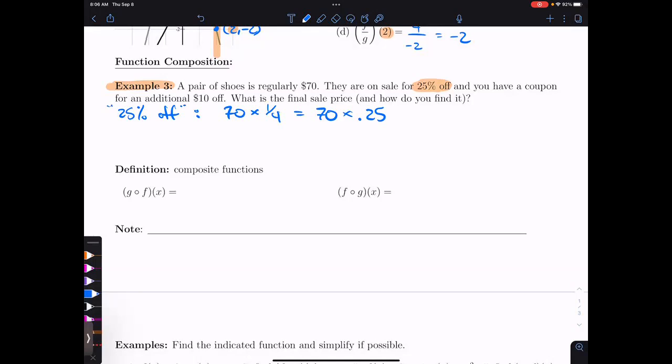Percent is out of 100. So either of those is fine, especially if it was like 32% off, where I wouldn't jump to that being a nice fraction. So that's the 25% part. What does that give you?